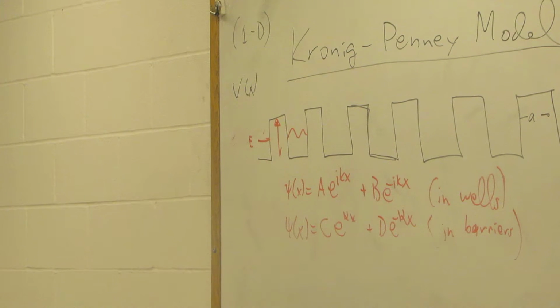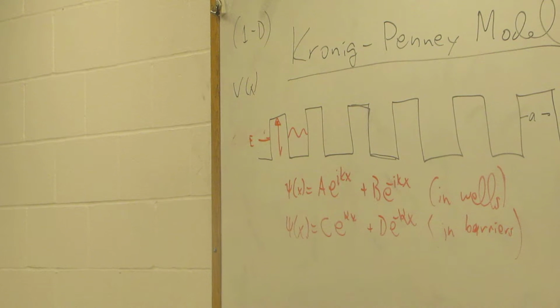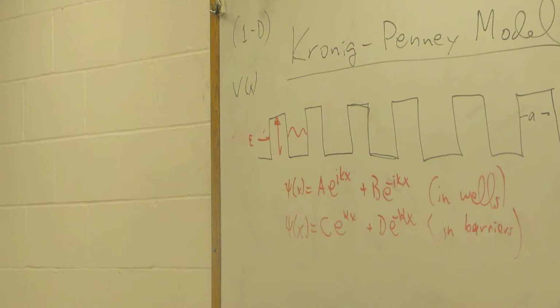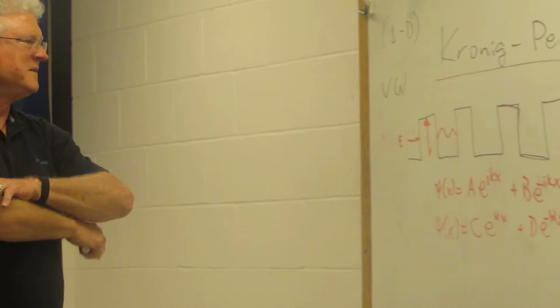Then when you plot to see where it is possible to have a solution, which energy levels allow a solution and which ones don't, you find that there are, in fact, some regions where you do not have an allowable solution. And so we say, okay, those are the actual band gaps in this so-called Kronig-Penney model.